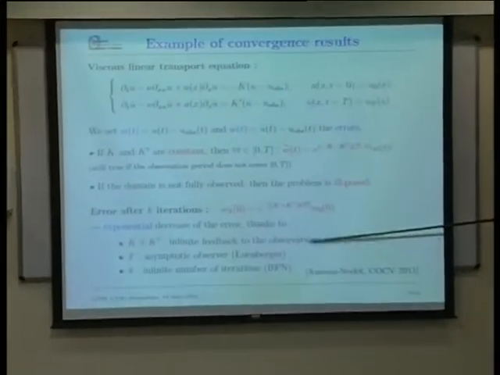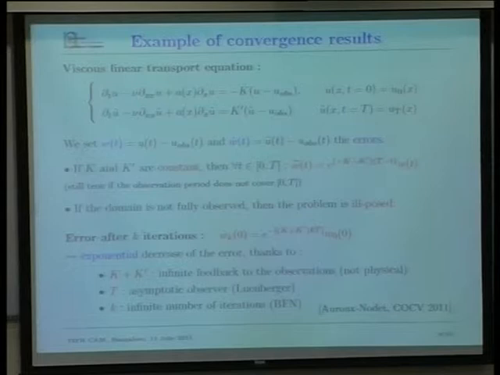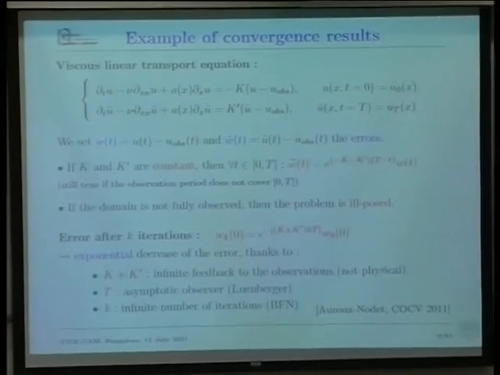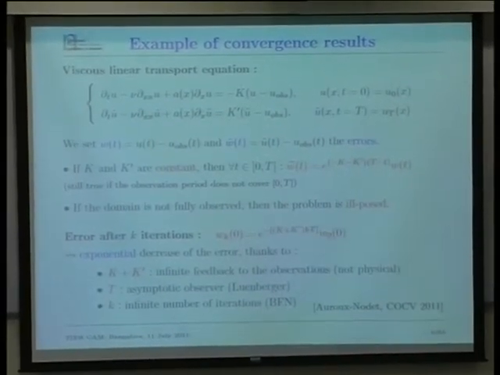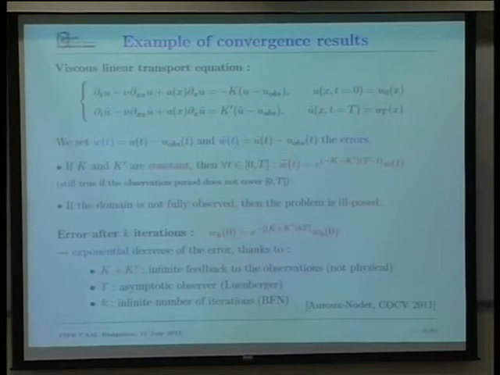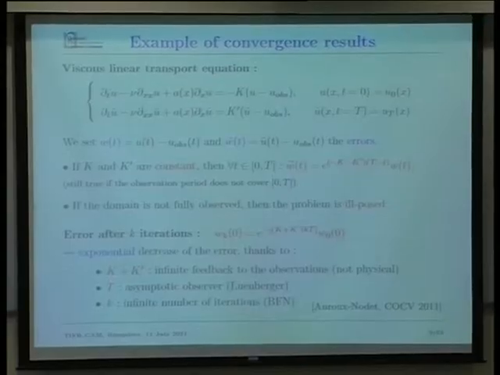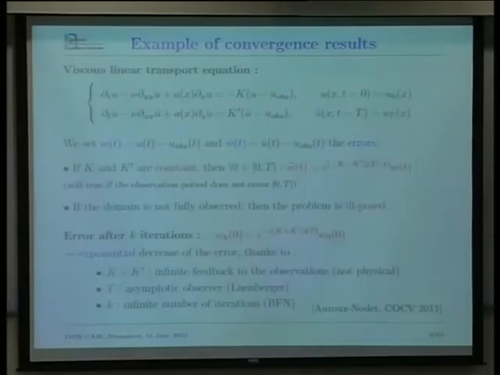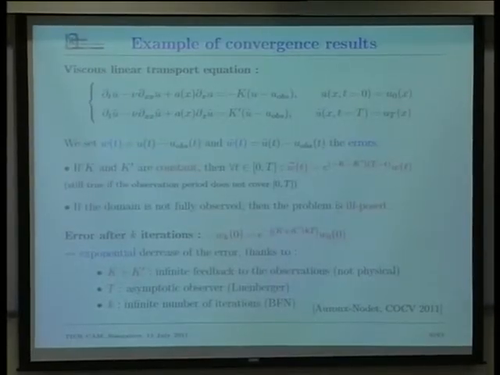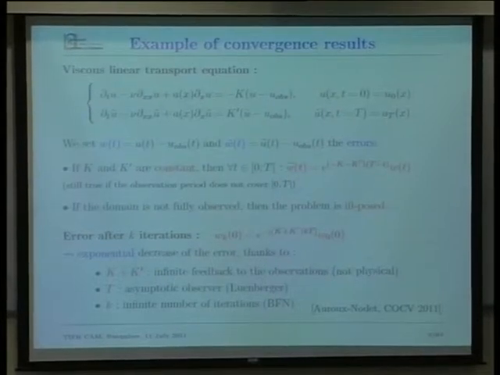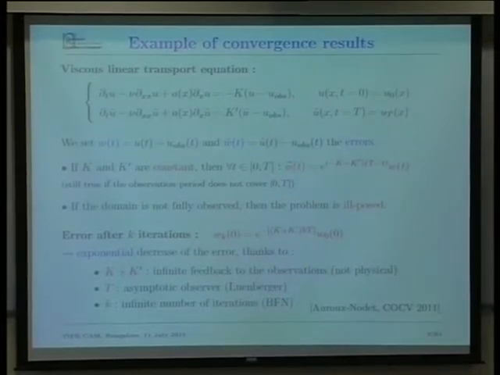Either you can use some infinite feedback to the observations by using very large k and k prime, which means that you simply replace the state by the observation. Or you replace infinite time for the asymptotic convergence by an infinite number of iterations in a small assimilation window.